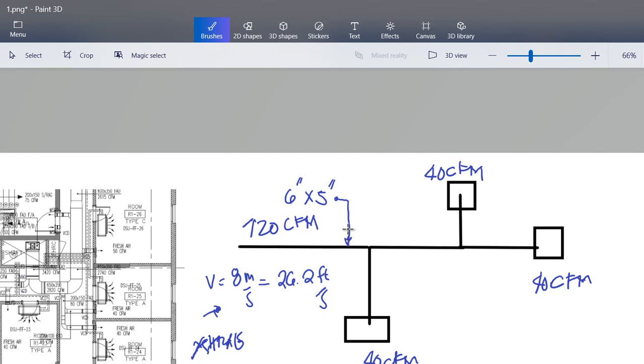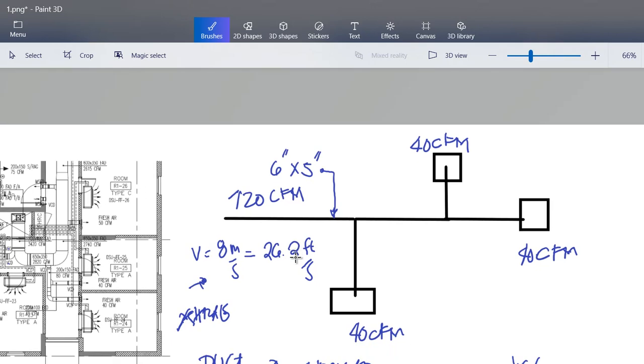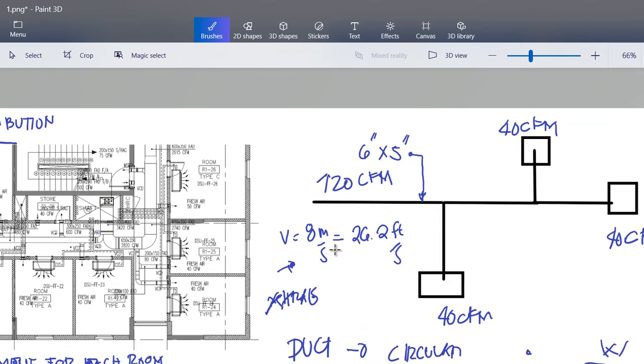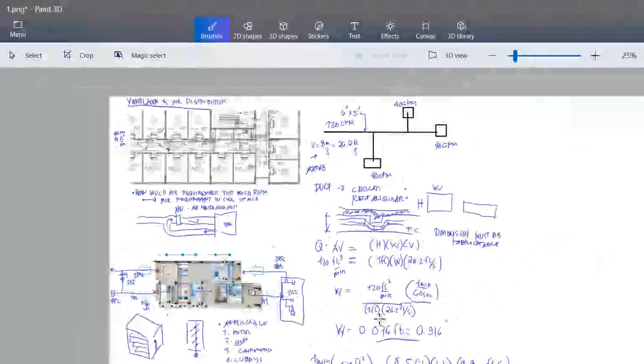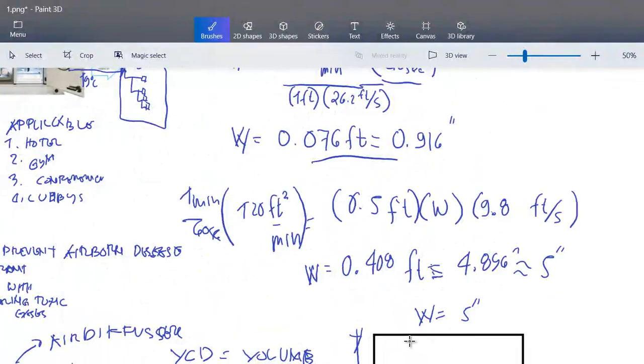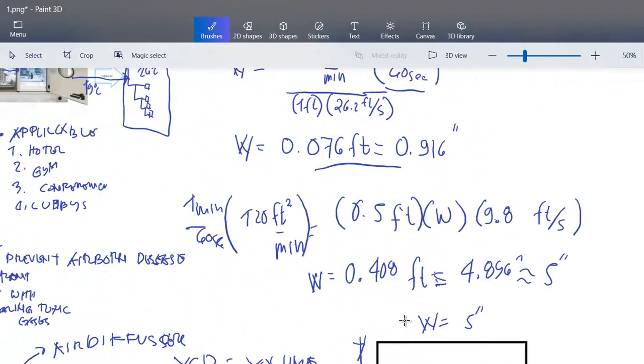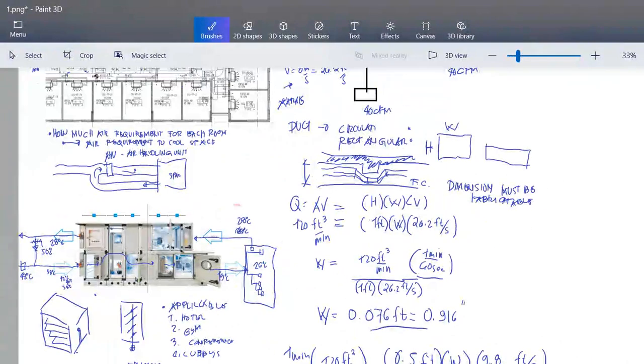Now the velocity, so from 8 meters per second, so we reduce the velocity to how much? So we have the velocity of 9.8 feet per second.